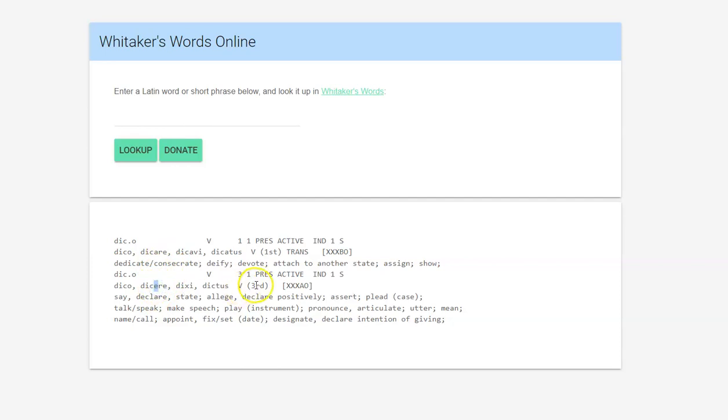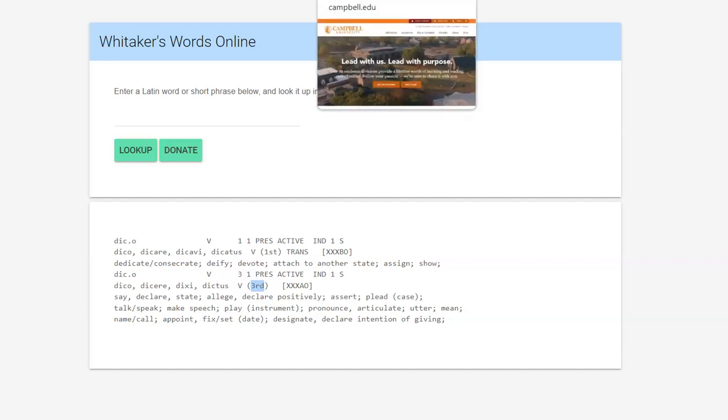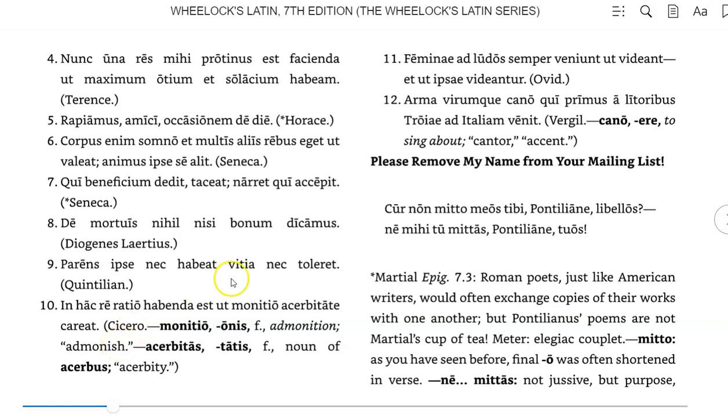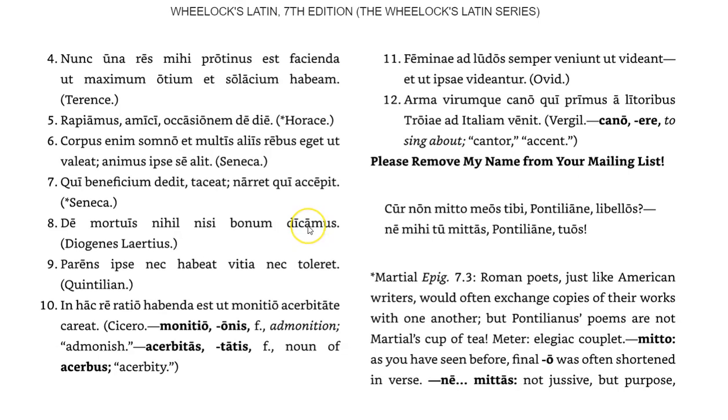Third conjugation in the subjunctive requires the letter A, so we need the letter A. Sure enough, we have the letter A here, not the letter E. So the letter A tells us it is in the subjunctive. So let us speak nothing except good about the dead.